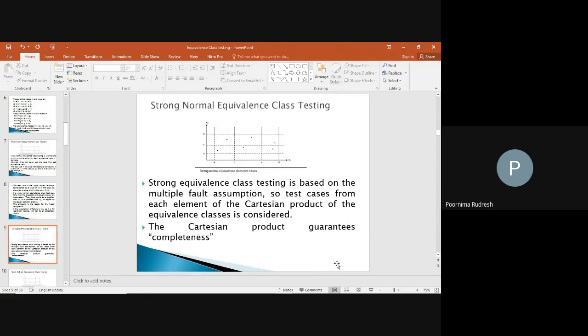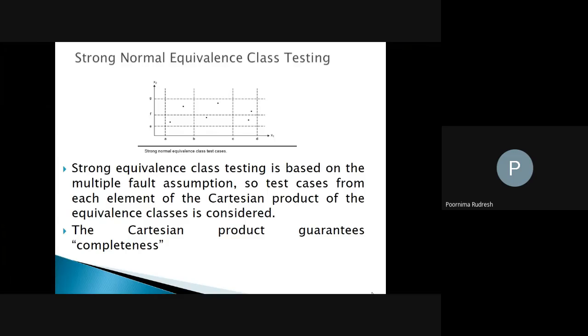Next we have the strong normal equivalence class testing. So first you studied the weak normal equivalence class testing. Next we'll consider the strong normal equivalence class testing, which is based on the multiple fault assumption. So test cases from each element of the Cartesian product of the equivalence classes are considered. When compared with the weak normal equivalence test cases, there the number of test cases is less.